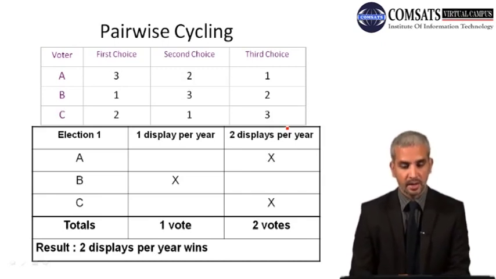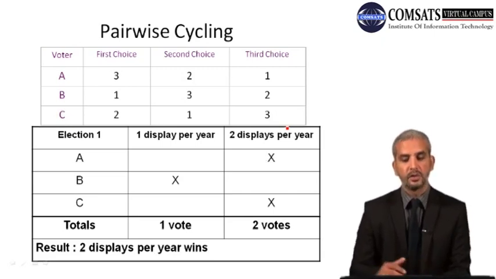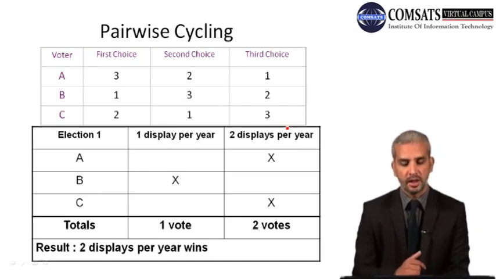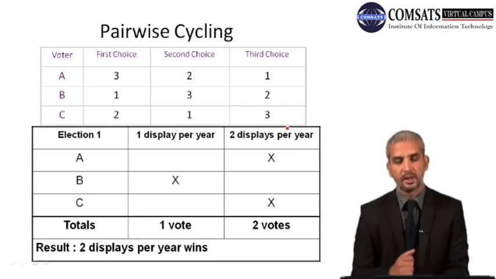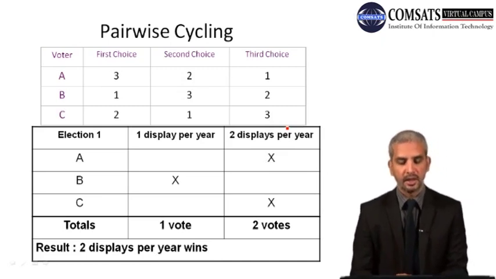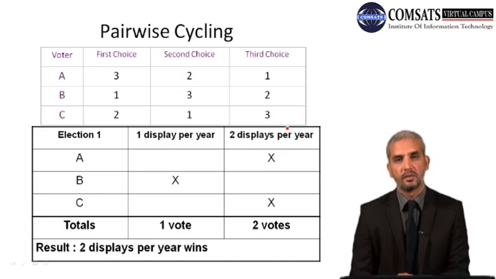Since 2 displays per year was A's second choice and 1 display per year was B's first choice, individual A would choose 2 displays per year, individual B would choose 1 display per year, and individual C would again choose 2 displays per year because that was C's first choice. The voting outcome would be 1 vote for 1 display per year and 2 votes for 2 displays per year, so 2 displays per year would win.